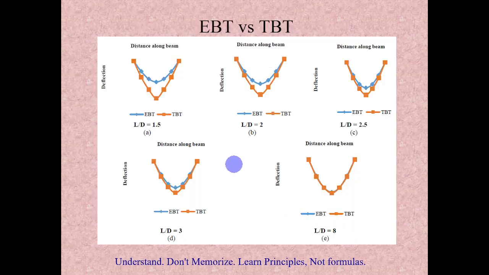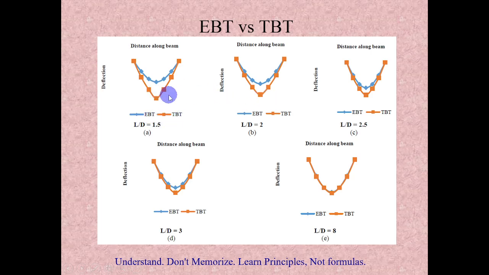What we are seeing here is the deflection diagram for the various L by D ratios of the beams: 1.5, 2, 2.5, 3, and here it's 8. The deflection is compared between two theories, Euler Bernoulli beam theory and Timoshenko beam theory.